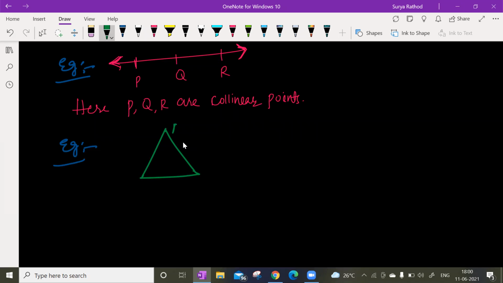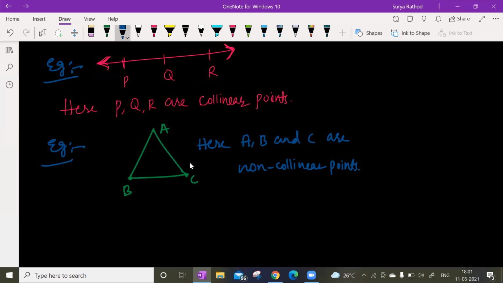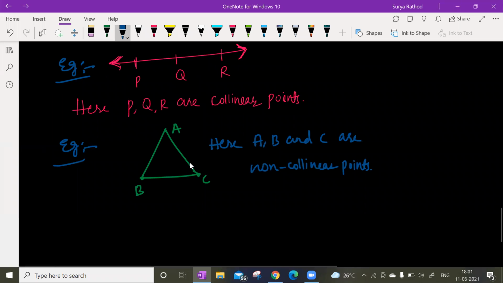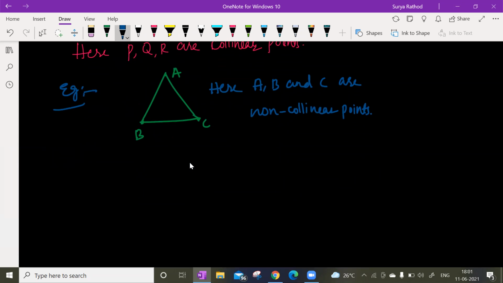This is point B. This is point C. Here A, B and C are non-collinear points. All right. A, B, C are what? Non-collinear points. Getting my point, children? Any doubt here? No doubt, sir.